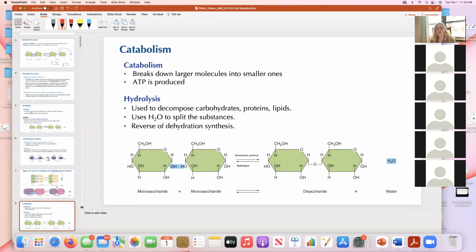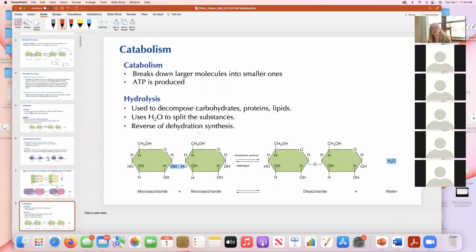Okay, now catabolism, breaking down the bigger molecules into smaller ones. ATP is usually produced. Okay. We often use hydrolysis. We use water to break apart the bonds of carbohydrates, proteins, and lipids. You use water to split these substances apart.